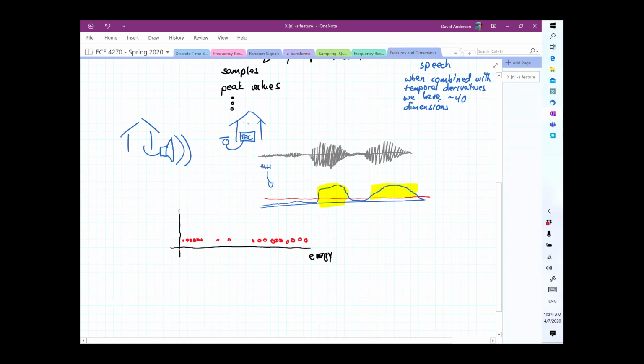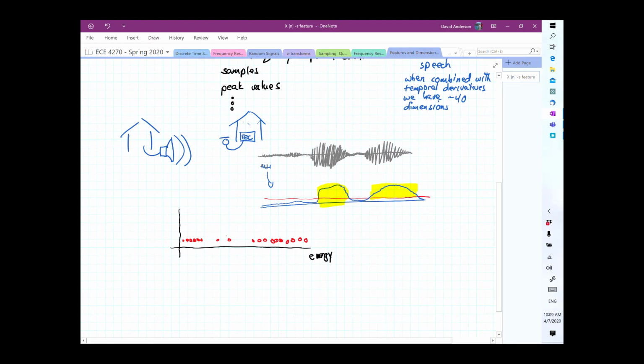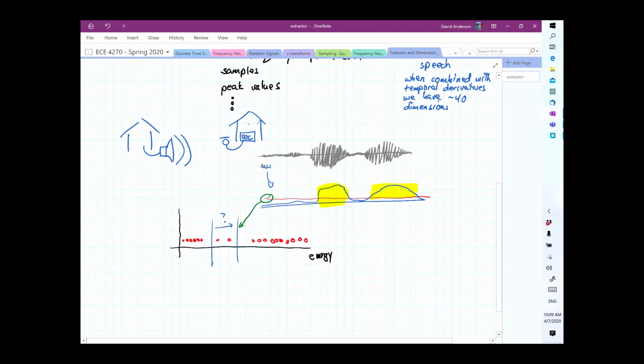So it's really easy to look at this and say, I see a difference. Maybe right here or right there would be a good dividing line. So this would correspond with my line right there. And this line would say, that's my threshold to determine if it's loud music or not loud music.